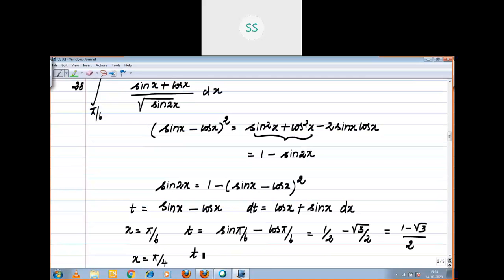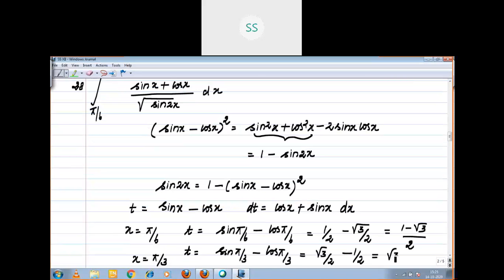Now, when x is equal to pi by 6, t is equal to sin pi by 6 minus cos pi by 6, which is equal to 1 by 2 minus root 3 by 2, that is, (1 minus root 3) divided by 2.